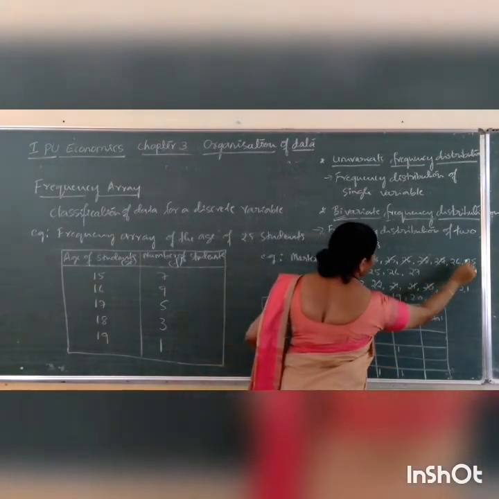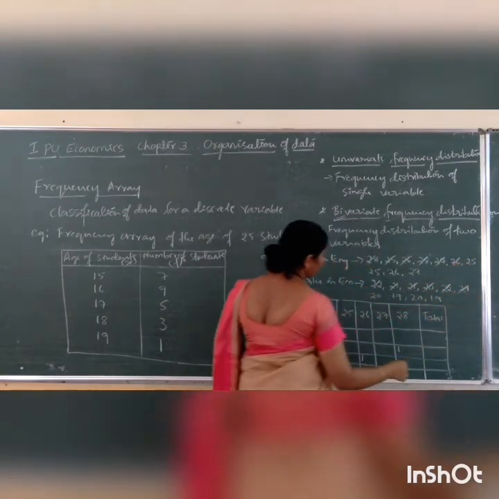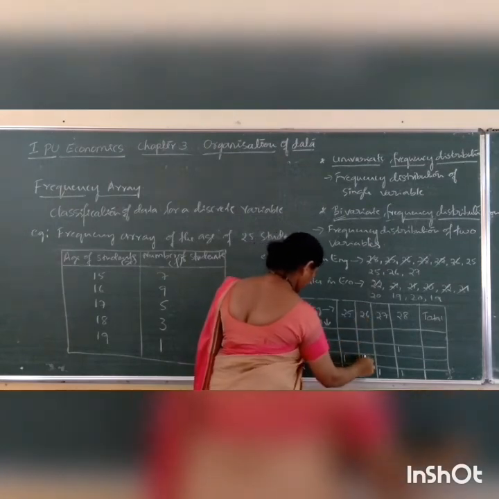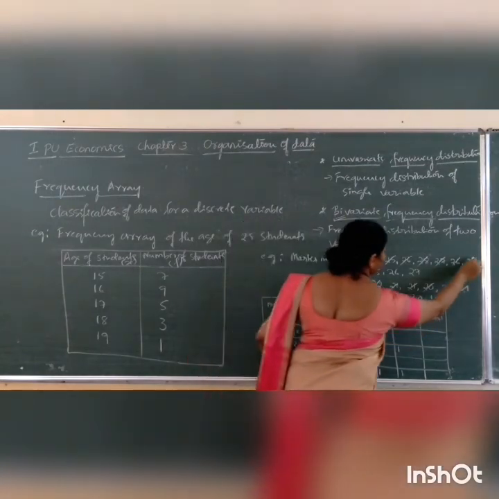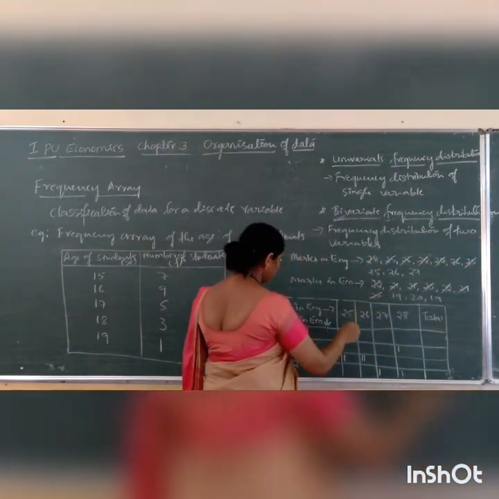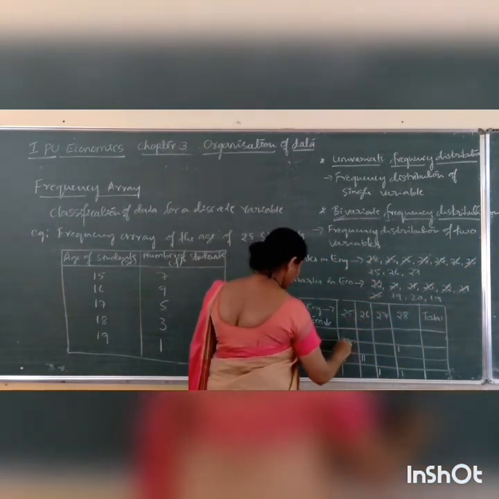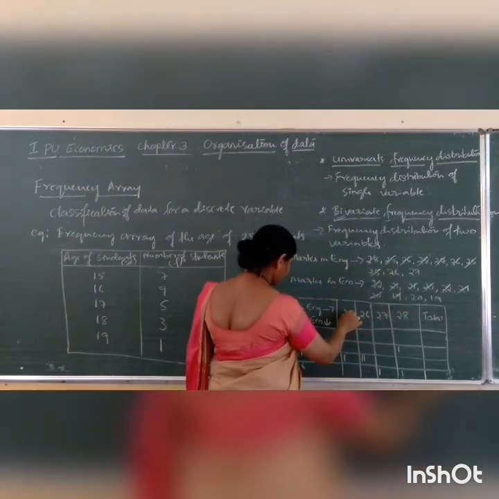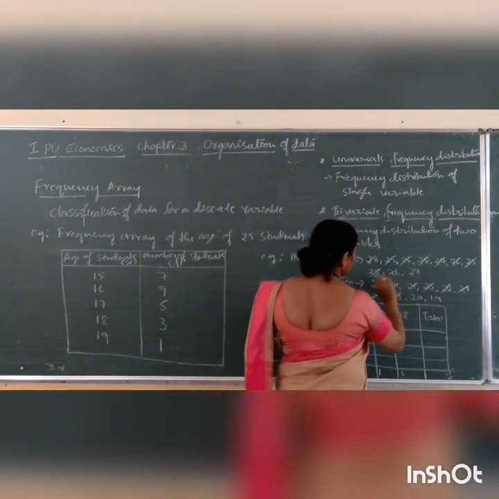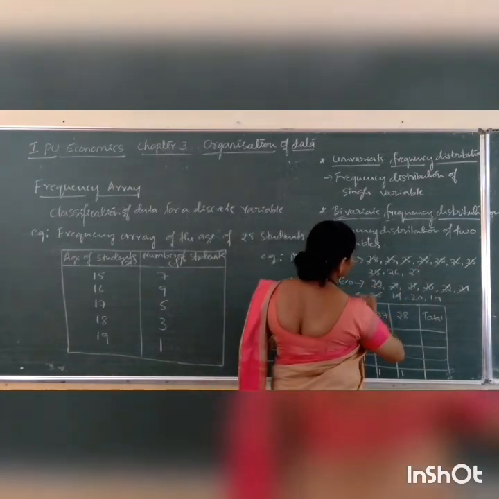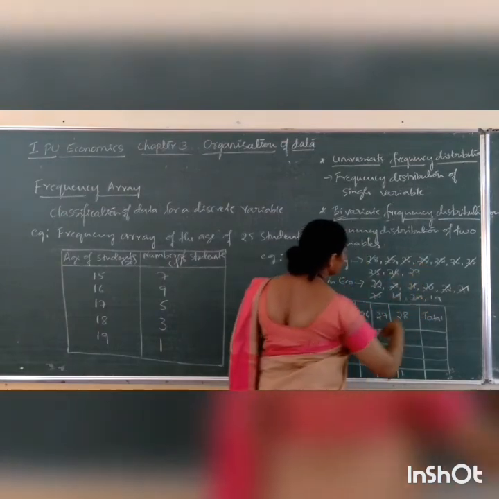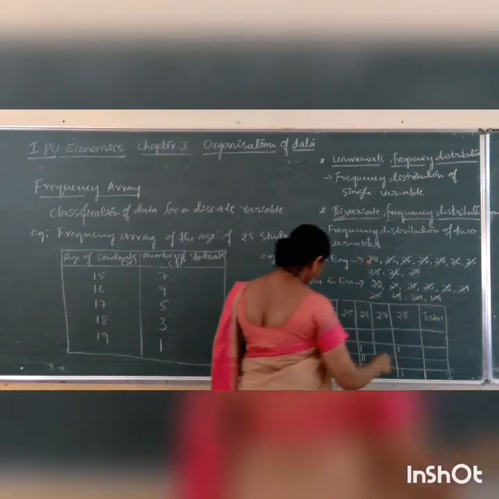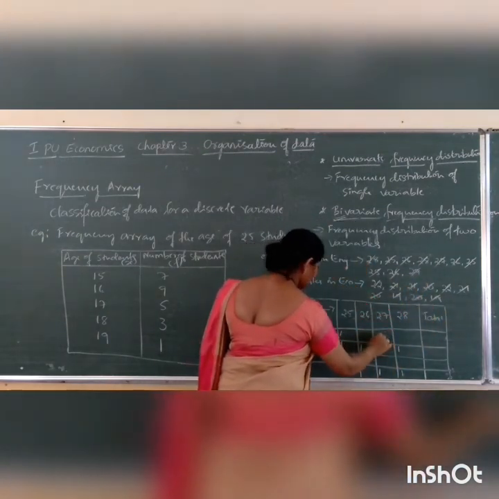Then 26 and 21, 26 and 21, 25 and 20. Then 25 and 19. Then 26 and 20, and last values 27 and 19.